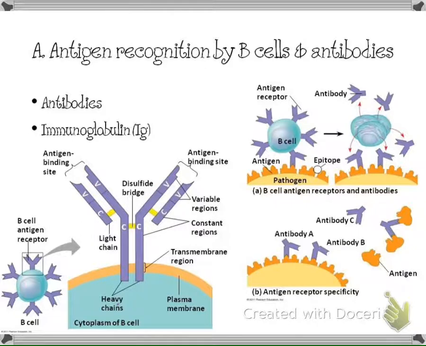It's made up of two identical heavy chains, what I just outlined, and then two identical light chains. And then you have these C regions, which are constant regions, and V, which are variable. The variable regions are what provide antigen specificity.